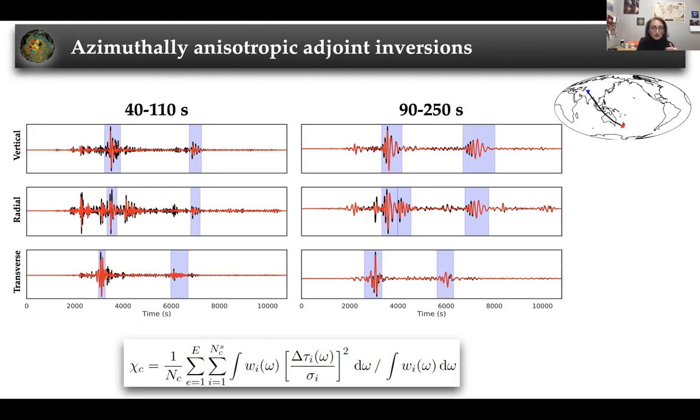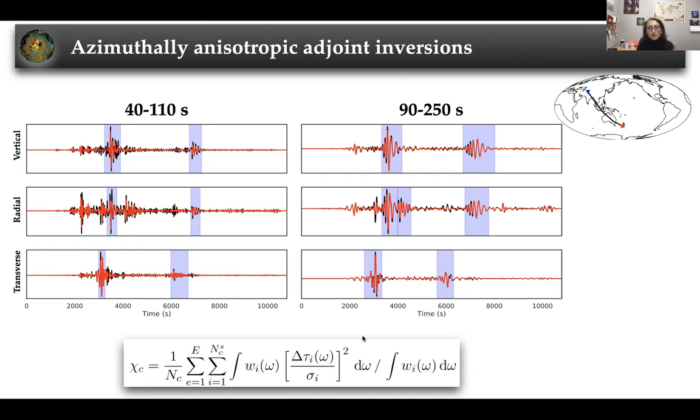Here you see seismograms from one sample path for an earthquake in New Zealand recorded by a station in Afghanistan. We have 2 period bands for this study, going down to a minimum period of 40 seconds. These are the minor arc Rayleigh waves, major arc Rayleigh waves, and the minor and major arc Love waves. And this is the longer period component.